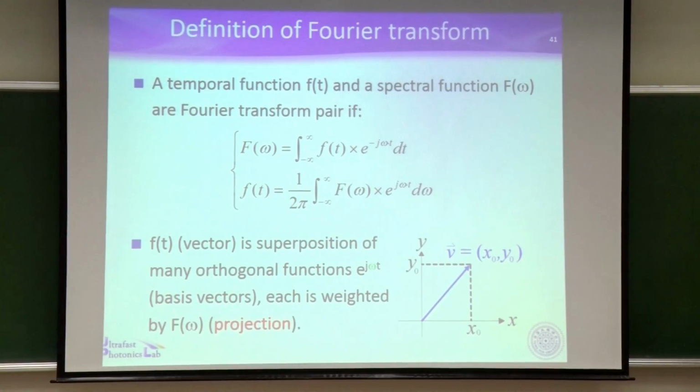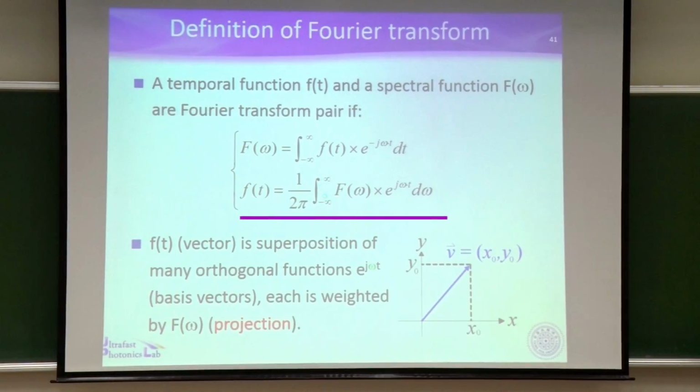So what's the relation between plane geometry and the Fourier transform? My interpretation is, let's look at the second formula, the inverse Fourier transform formula. It states that f of t, the time domain function, is a superposition of many orthogonal functions e to the j omega t, right?